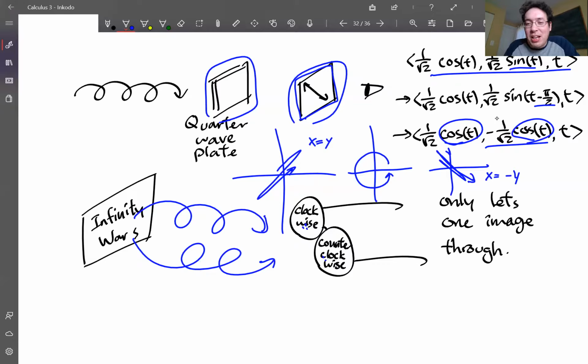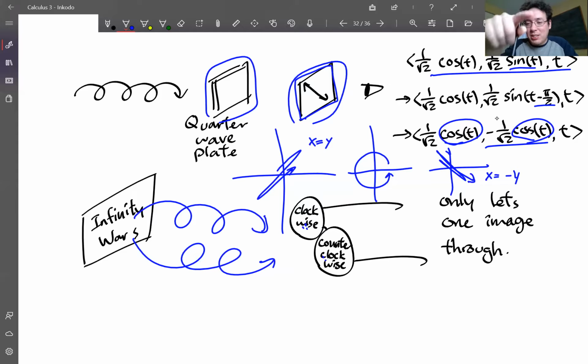experiment. You could do this with your friend who you went to a movie with, and look at each other's glasses, one eye at a time. So you can close your right eye and look through your left eye, or close your left eye and look through your right eye. And the light that passes through your lens is circularly polarized.